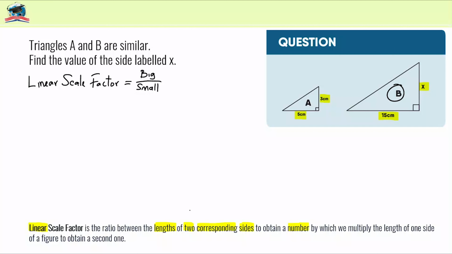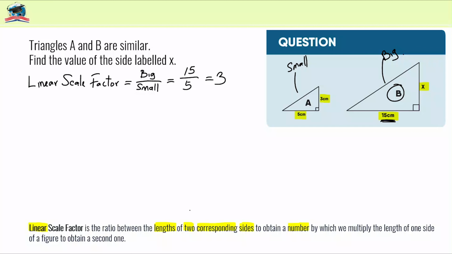We can see how big it is. It's 15. And this one here is a small one, and this one here is the big. Good. So big over small. Here the big will be 15. We take one of the sides now. We're going to take 15, divide by the small, which is 5. And this is going to give us 3. Now our linear scale factor is 3.